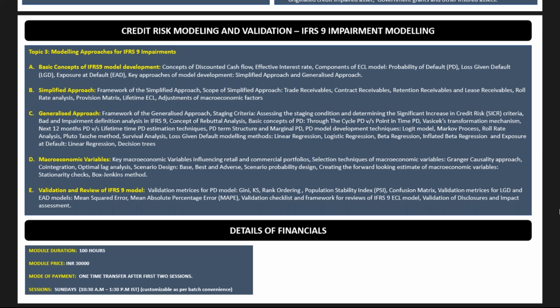The modeling over here would be extensions of the models we have learned under the credit risk modeling module. So this is precisely what the IFRS 9 module is all about.